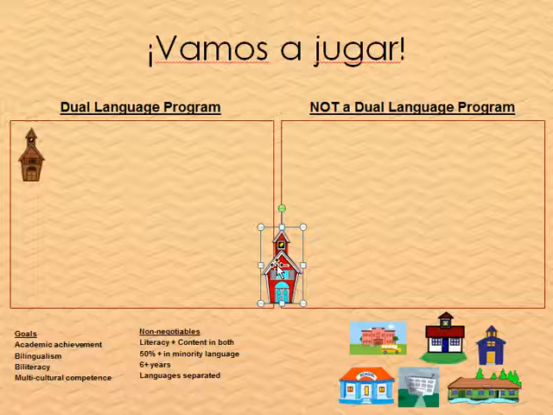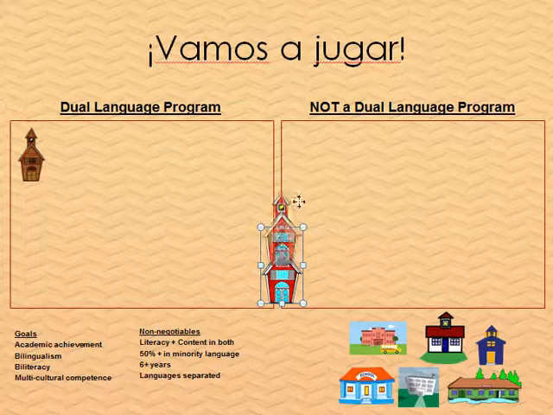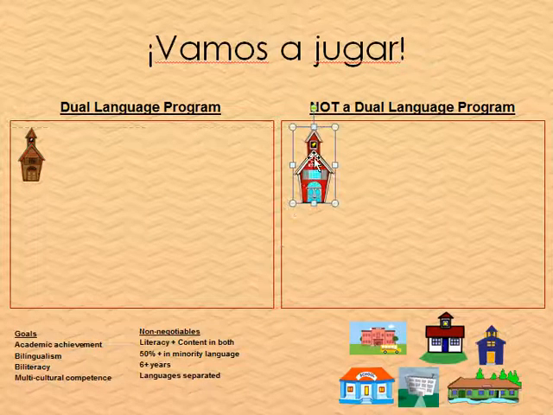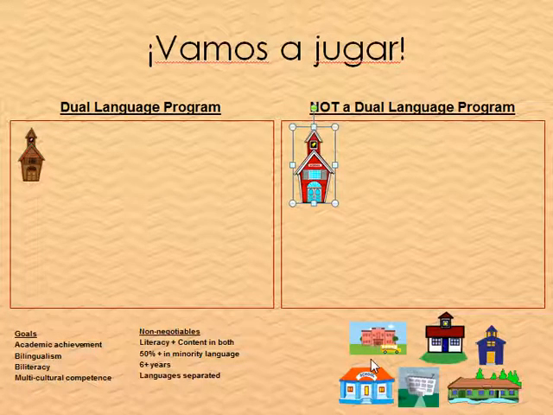And so what do you think? Dual language or not dual language? If you said not dual language, I agree with you. The biggest reason is the 50% in minority language. With only 30 minutes 2 to 3 times per week, this sounds like a great FLES program, but it is not a dual language program.